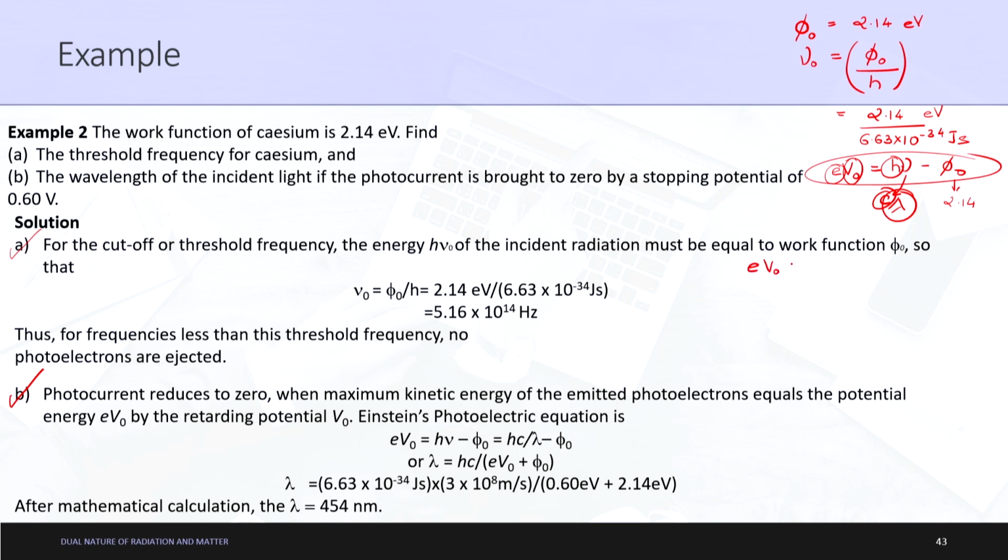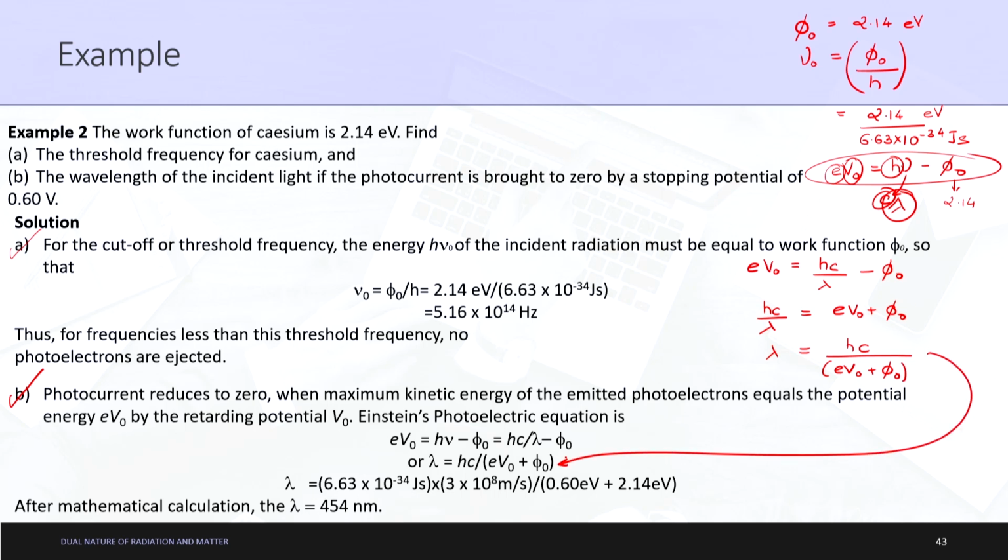So basically what they did is rearrange the terms, and you get the equation lambda is equal to hc upon eV naught plus phi naught.